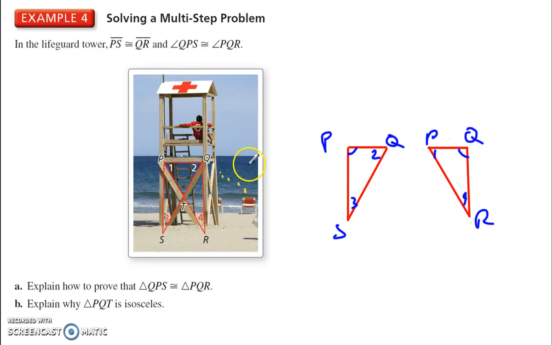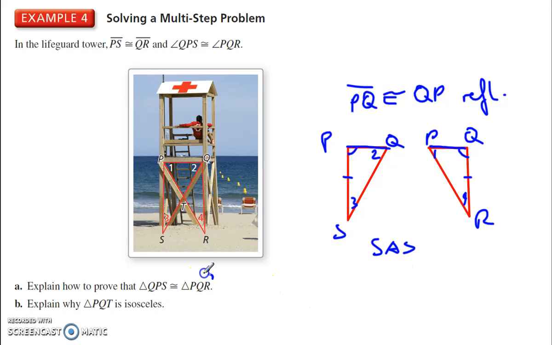Alright, so we know PS is congruent to QR. PQ is the same as QP. PQ is obviously congruent to QP. Reflexive. Okay, so therefore, side angle side, they are congruent. Now we want to explain why PQT is isosceles.